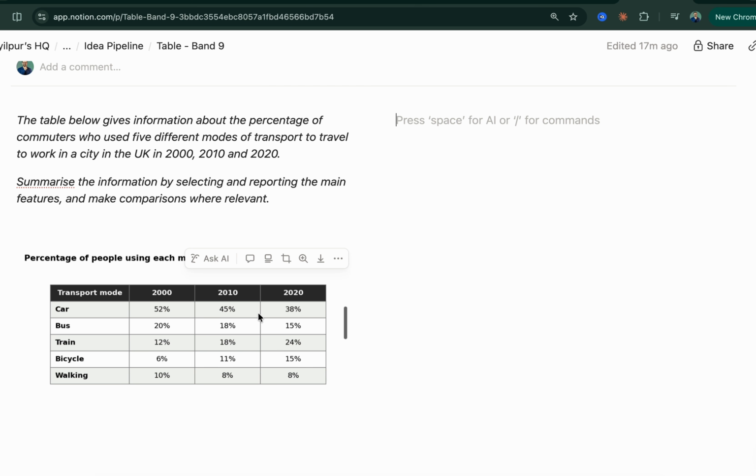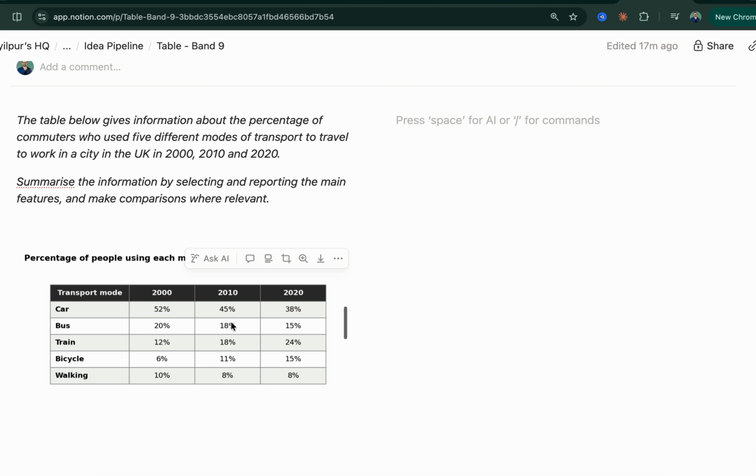It looks scary, and I do understand it, but you should know that the question asks us only to select and report the main features, which means you don't have to write about all these numbers if you don't feel like it. We just need to look for patterns that help us understand it.